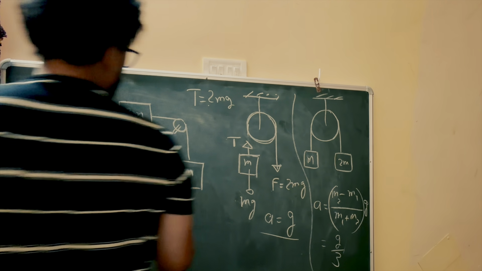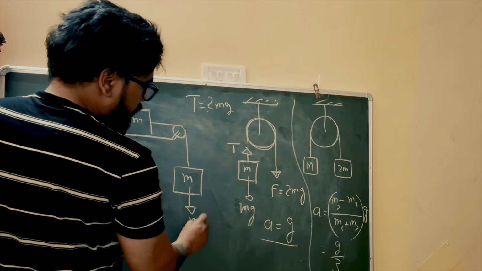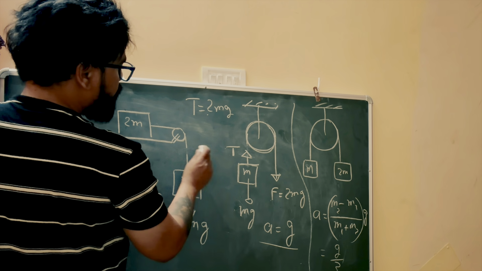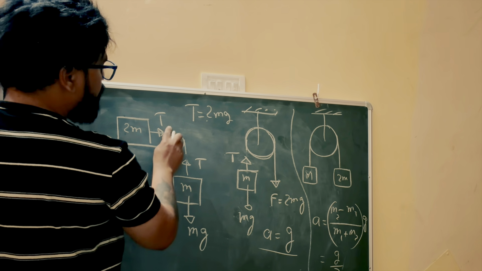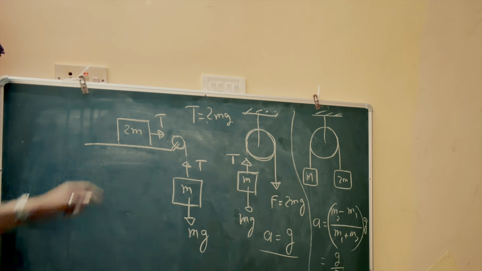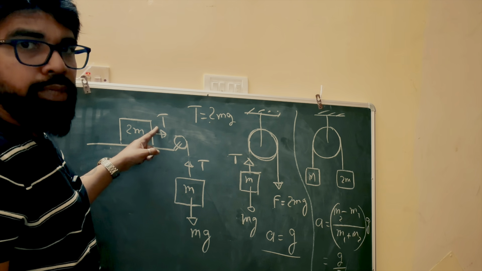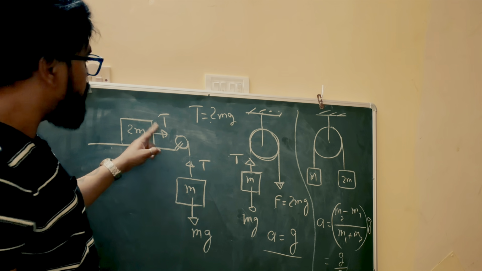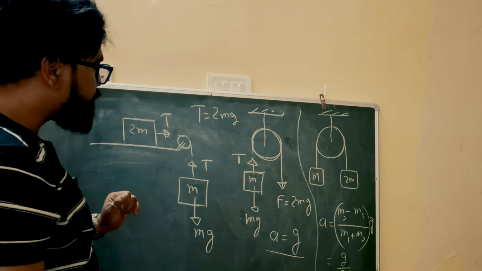So what happens is that this block of mass small m interacts with gravity, creates mg, there is a tension T, and here is a tension T. So you can see from the free body diagram, on the block of mass 2m, there is a tension acting, and this tension T is unbalanced, right? So this means the 2m block will obviously have an acceleration along i cap.